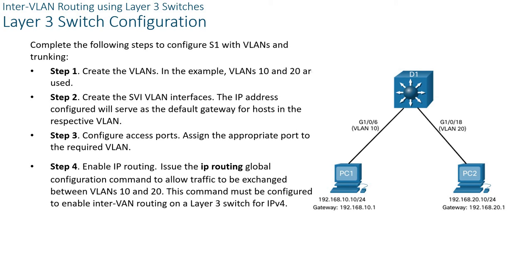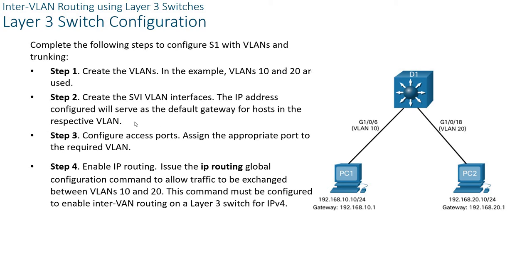So these are the steps for configuring S1 with VLANs and trunking. First, create the VLANs, for example VLAN 10 and 20 in this example, and create the SVI VLAN interfaces.